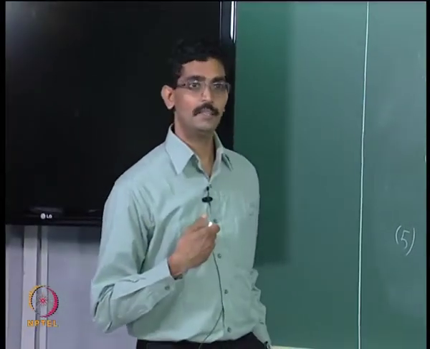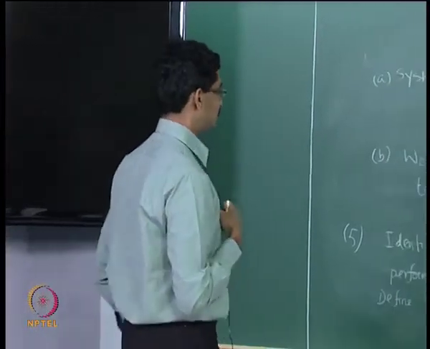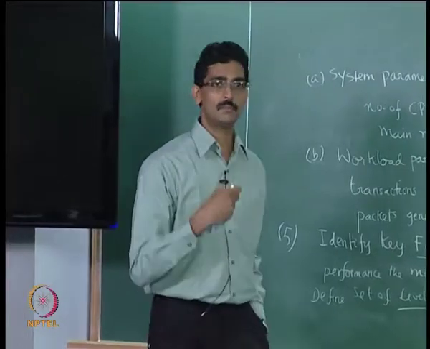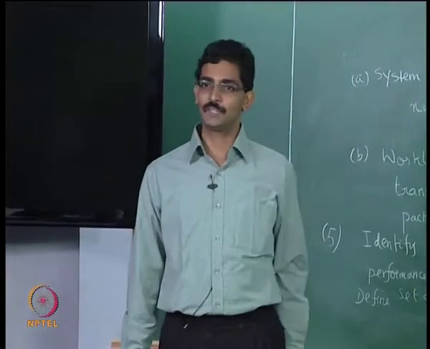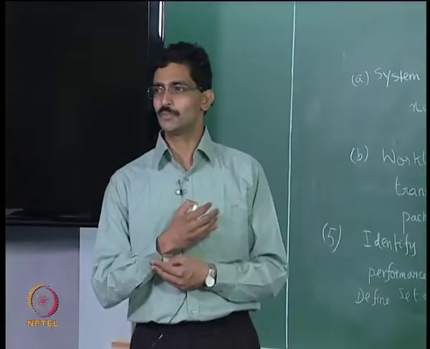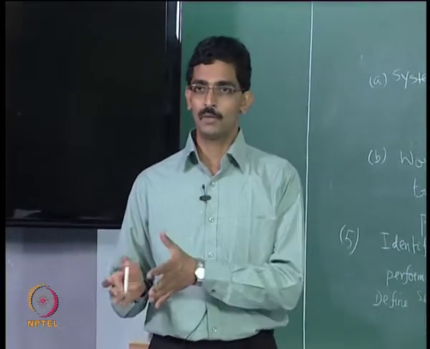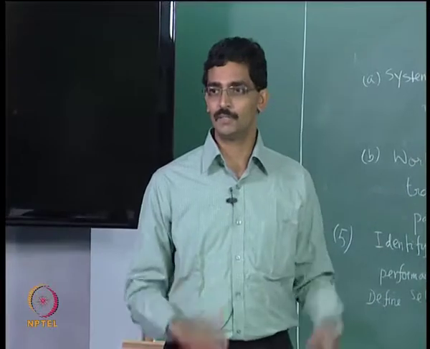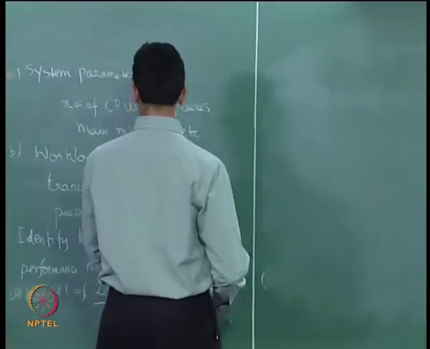And here, these are many times continuous variables. So I could choose, for example, load, number of packets offered per second. I could go from 1 packet per second to a million packets per second, in increments of 1, 2, 3, 4 and so on. It really makes no sense to have that many levels. So you say, okay, 3 levels, 4 levels, low load, medium load, high load, that is adequate. So those are the things that as part of your system performance evaluation you will decide.